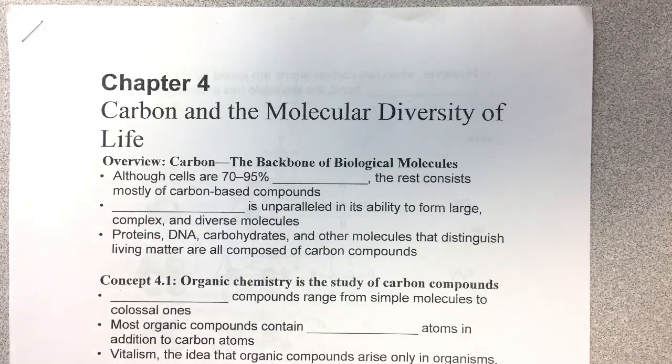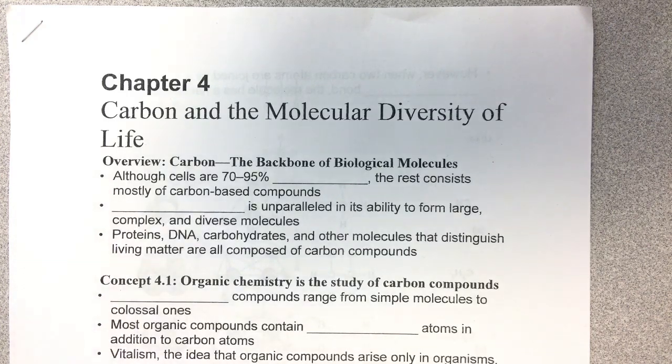And so therefore, we're going to learn about some properties of carbon and some different chemical groups, so that when we get into chapter 5 and look at the different types of molecules, we can know some things about the molecule based upon these chemical groups that are attached to it.